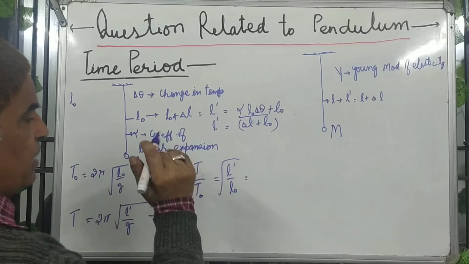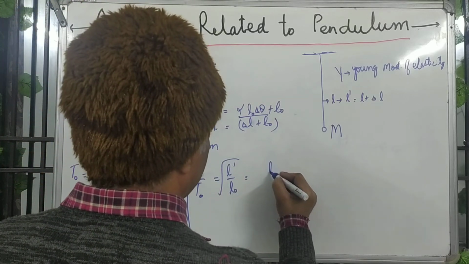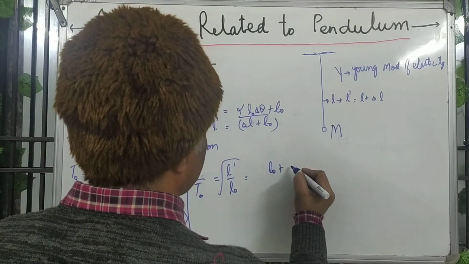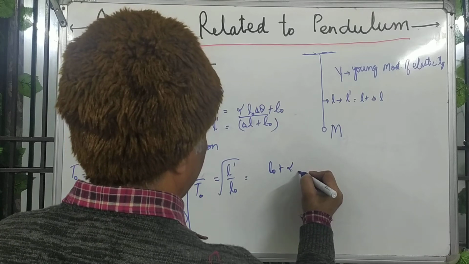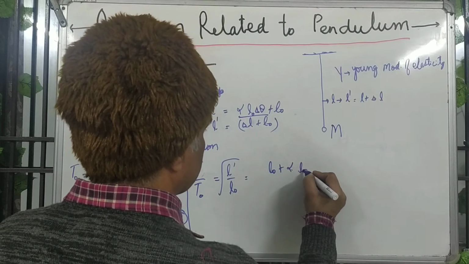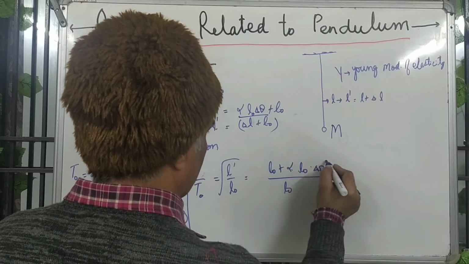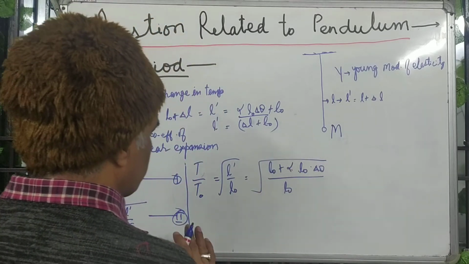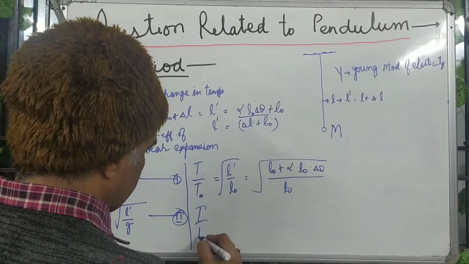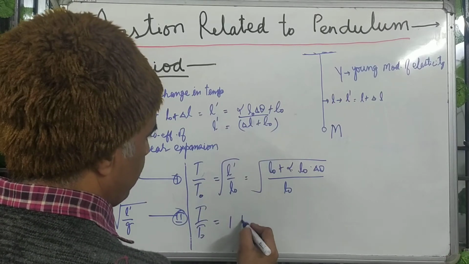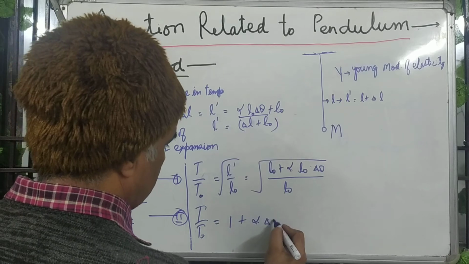In this, L dash is L naught plus alpha L naught delta theta. On simplification, T upon T naught equals root of 1 plus alpha delta theta.